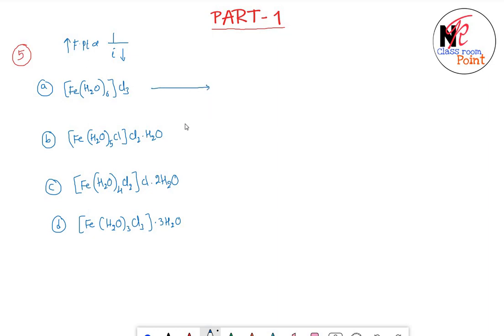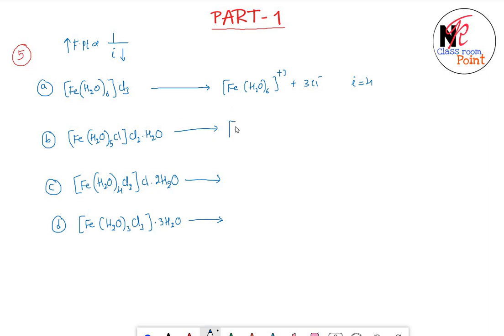Now let's see how many particles come out of each of these complexes. This molecule dissociates into Fe(H2O)6 3+ plus 3 Cl minus. So 3 chloride ions and 1 cation, totally i value equals 4.